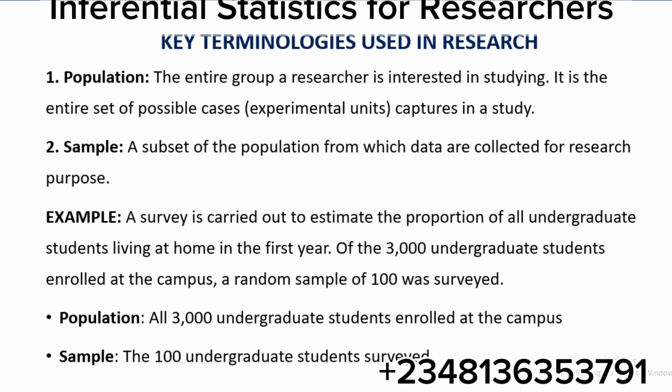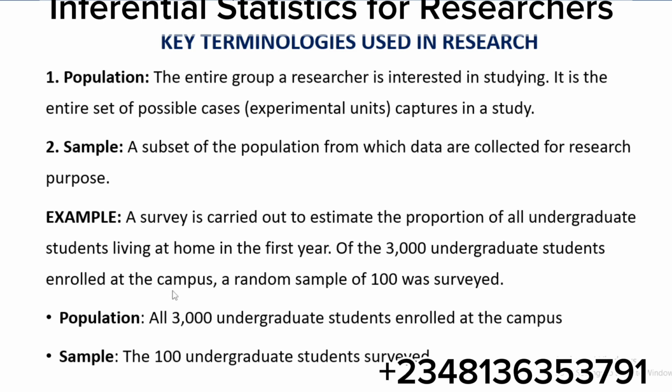Now, this example will make it clear. Assuming a survey is carried out to estimate the proportion of all undergraduate students living at home in the first year. We are assuming that we have 3,000 undergraduate students enrolled at the campus. Let's say a random sample of 100 was surveyed because we cannot reach all these 3,000 undergraduate students. We only selected 100 students out of these 3,000.